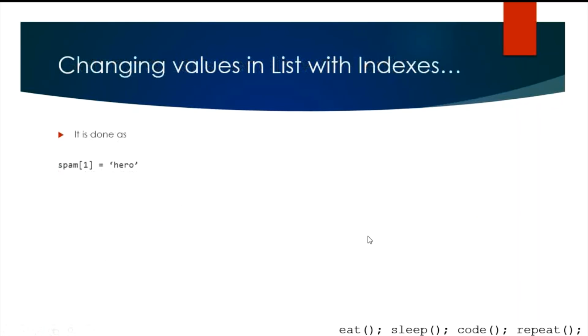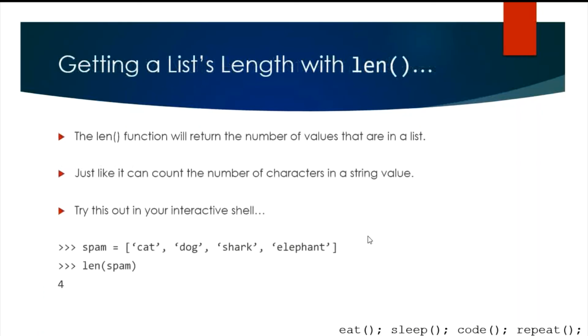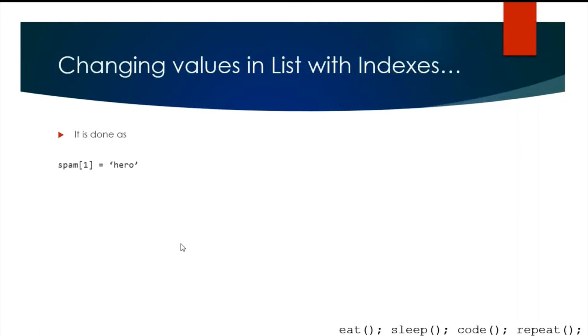Moving forward. Now if I want to change the value at a particular index, in the same example, if I want to replace this dog with another value, I do spam[1] = 'hero'.